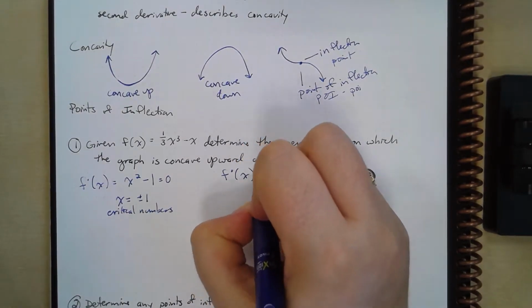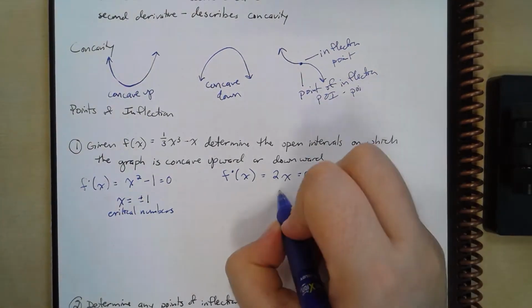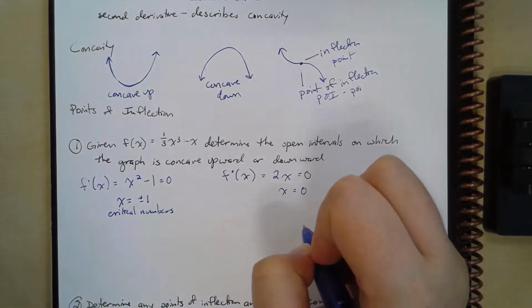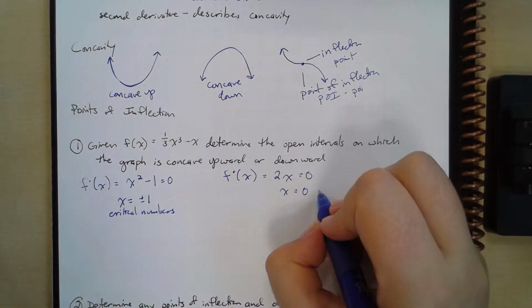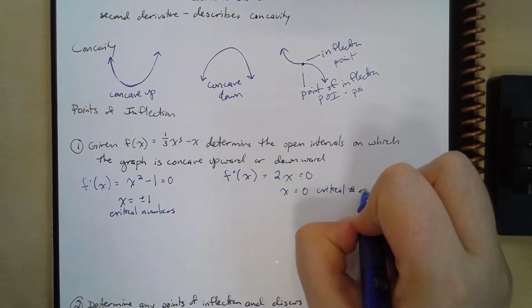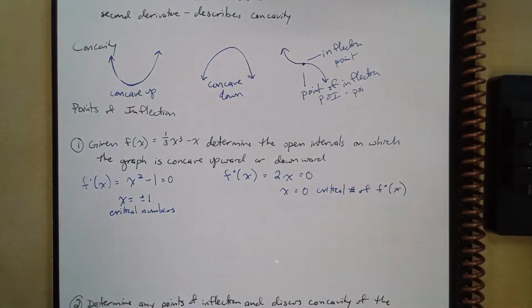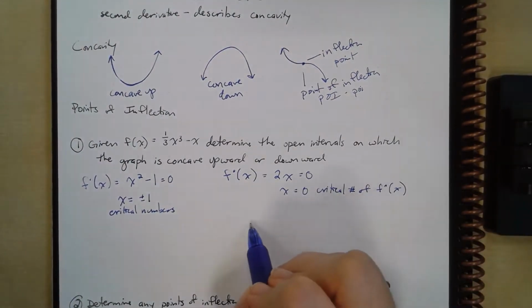Our second derivative is just going to be equal to 2x. And then we set that equal to 0, and x is equal to 0. And this is our critical number of f double prime of x. Now we're going to use that critical number to test just like we have before.